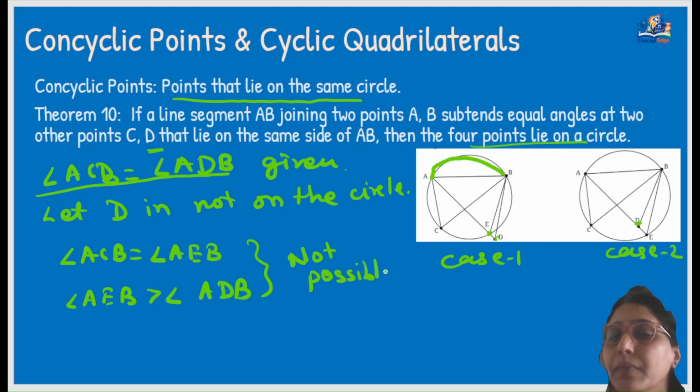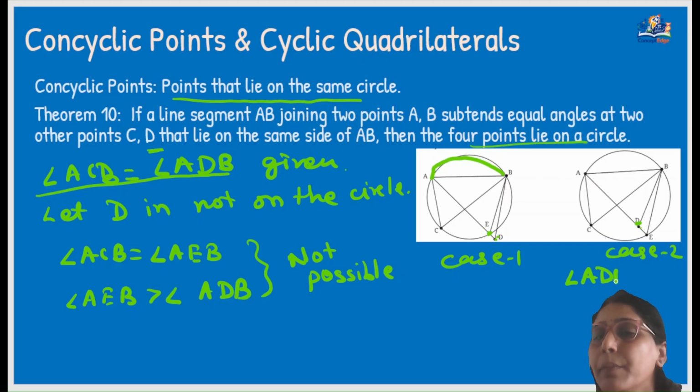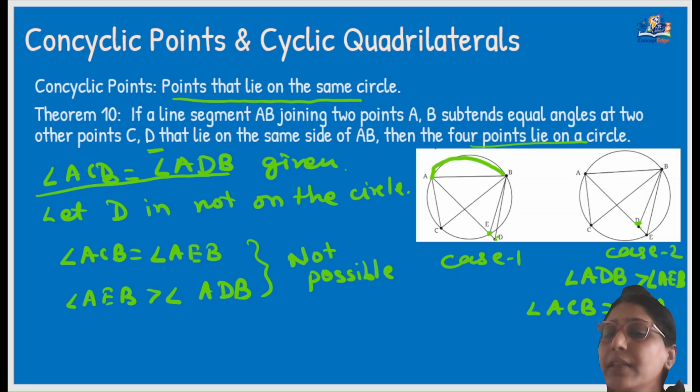Same way, if I take D in the interior part of the circle, then angle ADB is greater than angle AEB, and angle ACB equals angle AEB. Again, this is not possible. Why? Because we are given that ACB is the same as ADB.